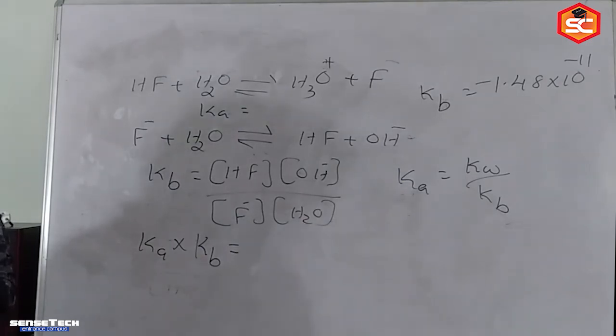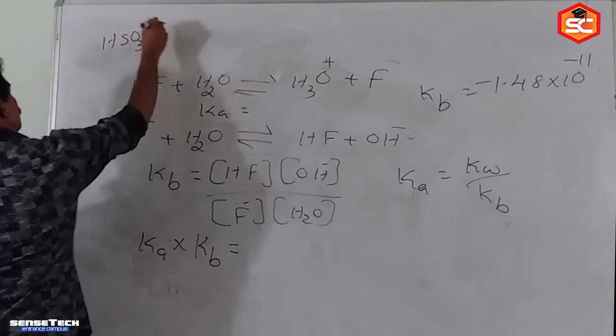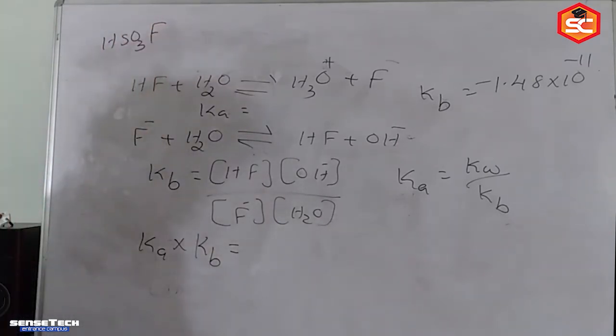Then next, four species are given. Options: HCO3 minus, HSO4 minus, then H3O plus, then HSO3F, fluorosulfonic acid.